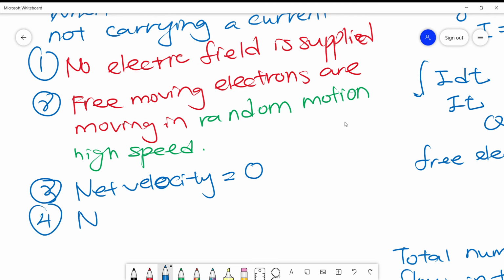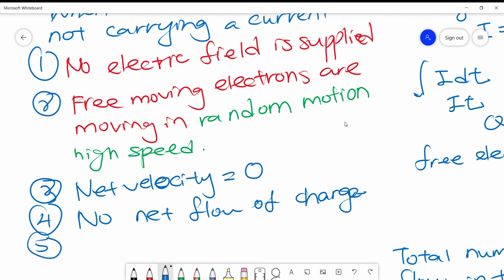It means there is no net flow of charge, and hence I can conclude that no electric current is produced.